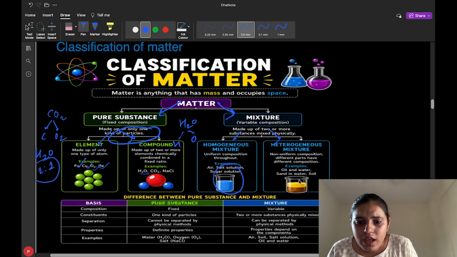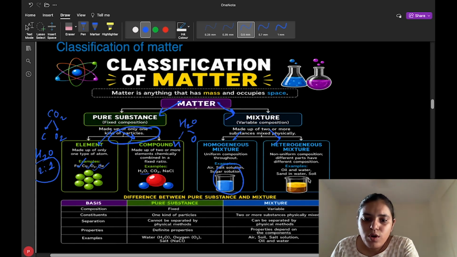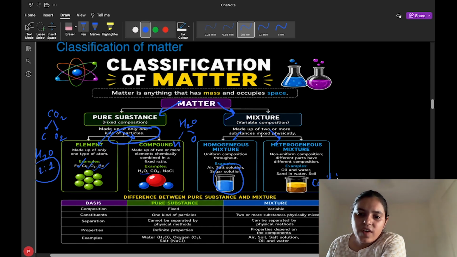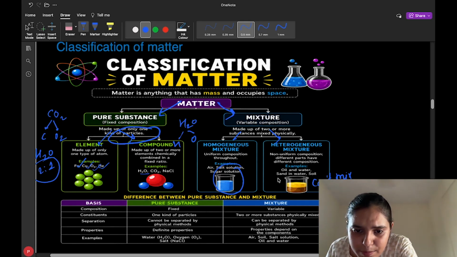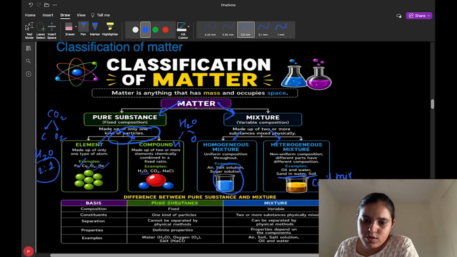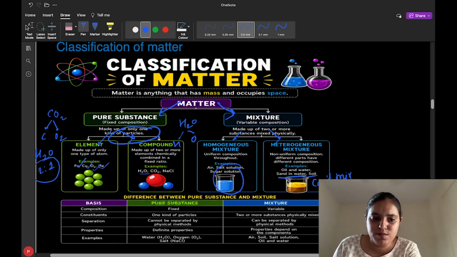Oil and water can't mix. Another example is salt in water, or soil. These are examples of heterogeneous mixtures.